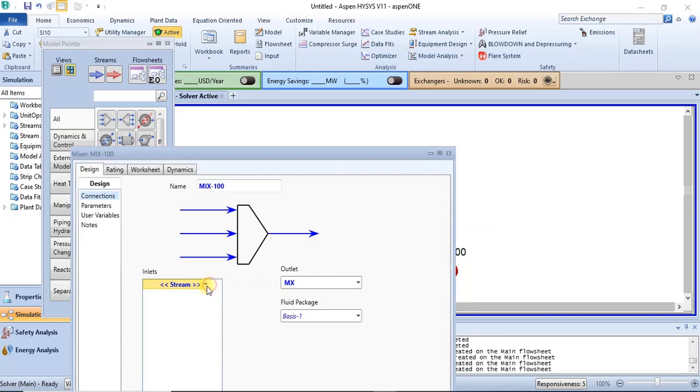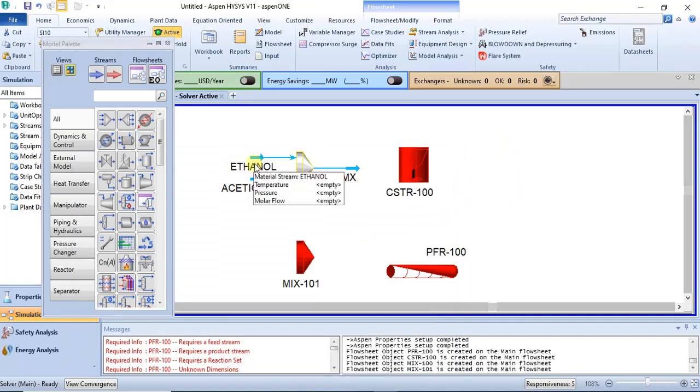So we have ethanol, and then we have acetic acid. Yes, ethanol and acetic acid.